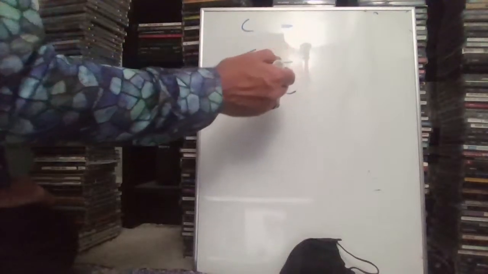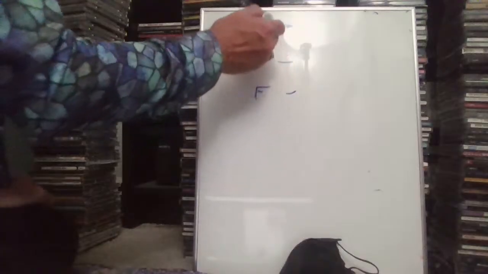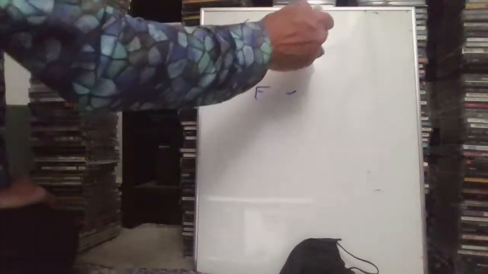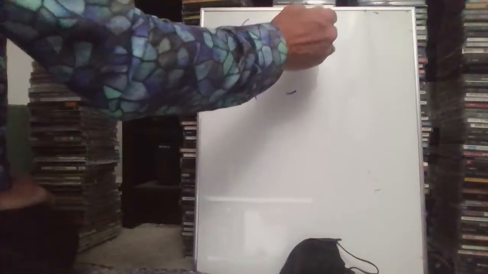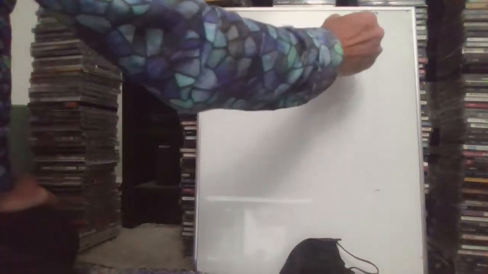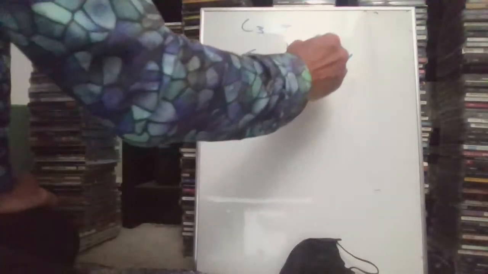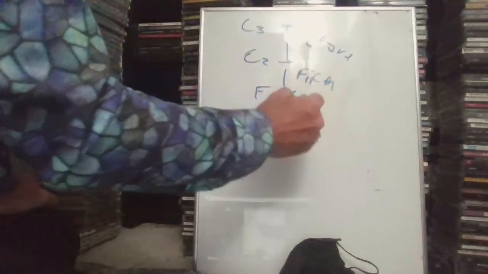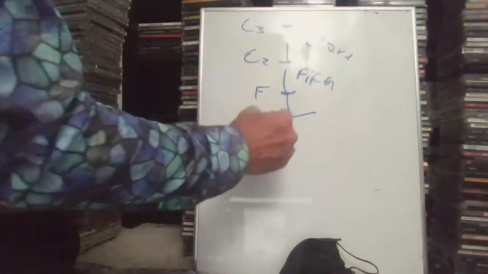I'll call this, like I said, C3. This is an octave. This is a fifth. Okay, that's the F. Then your next one is a double octave of the C. So that's a C1.